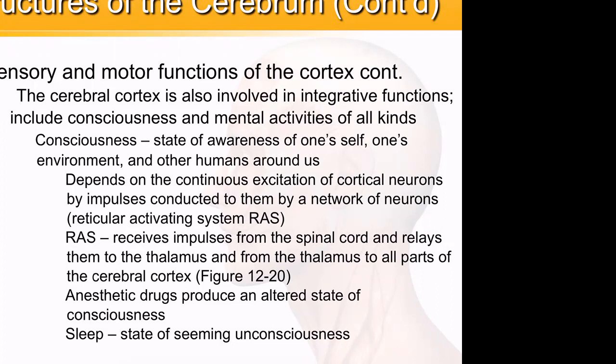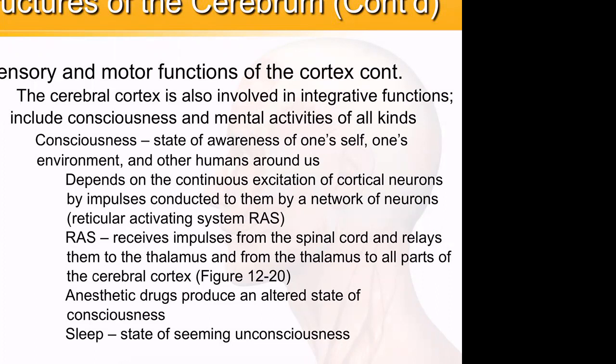Consciousness: state of awareness of oneself, one's environment, and other things around them. I don't say humans because it also includes animals, trees, maybe even odors, if you're smelling freshly baked chocolate chip cookies. So all of those things.